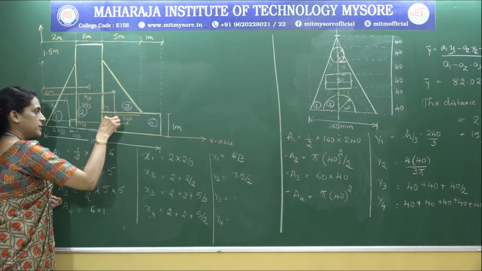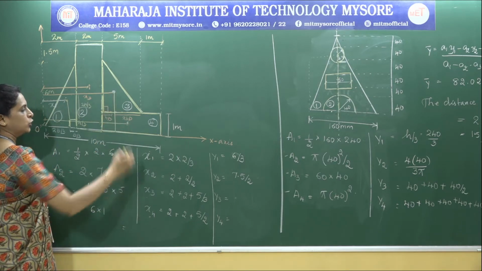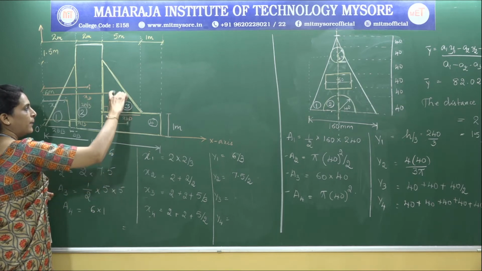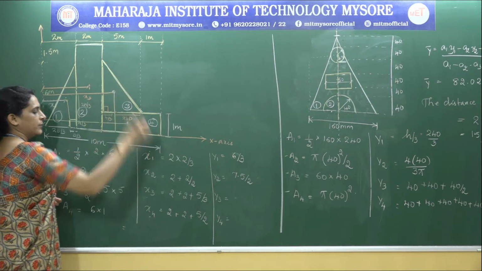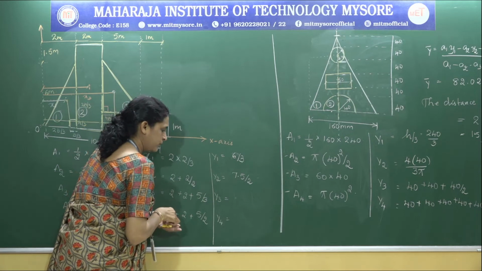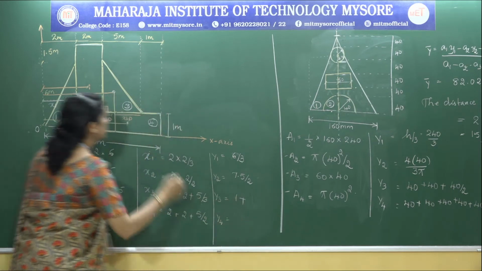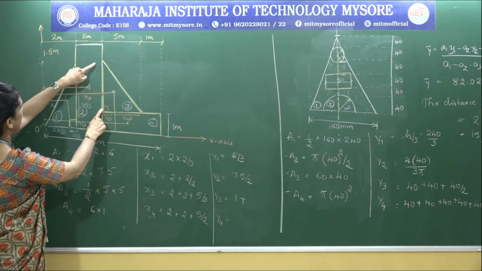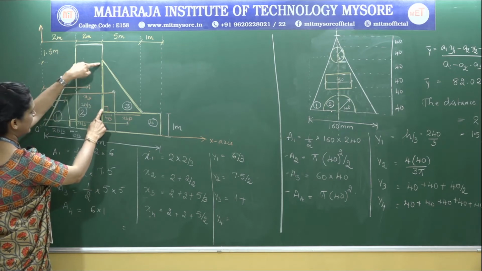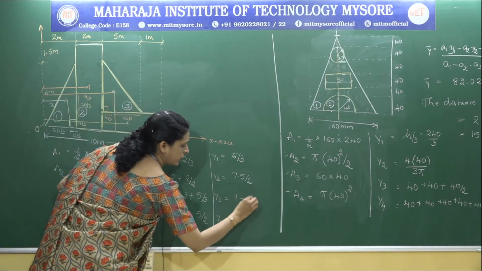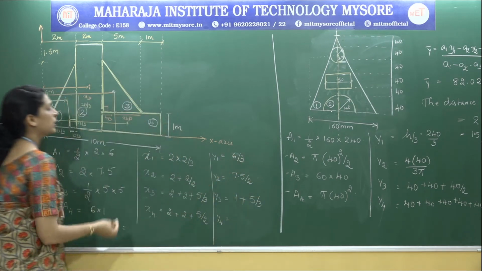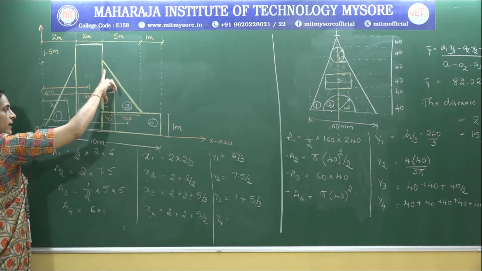Moving on to the third section. So, this is y3. So, it is 1 plus h by 3. 1 plus the height of this is 5 meter, 5 by 3. Why we are considering it as 5?